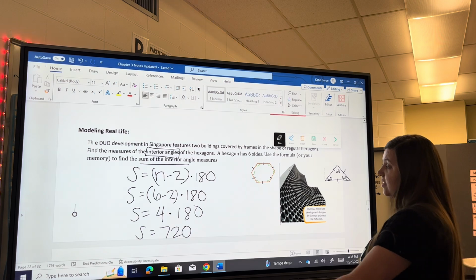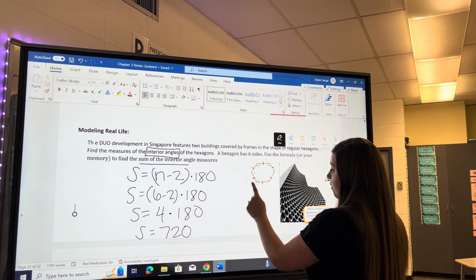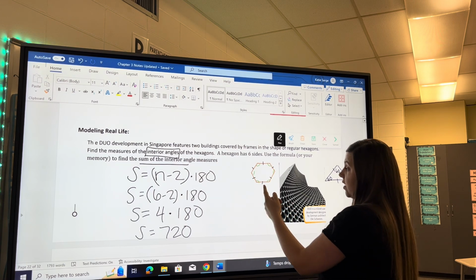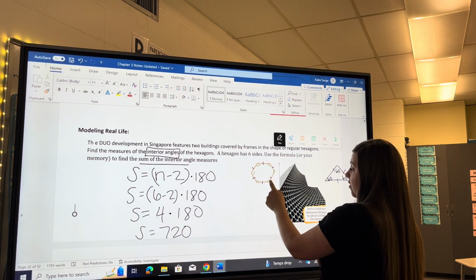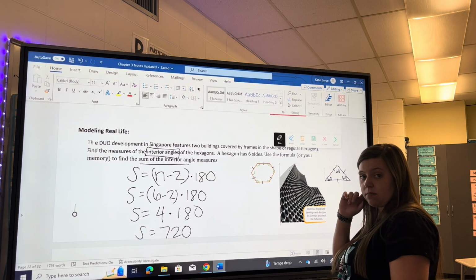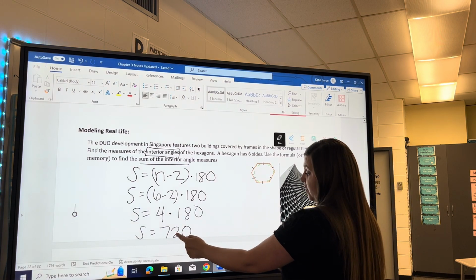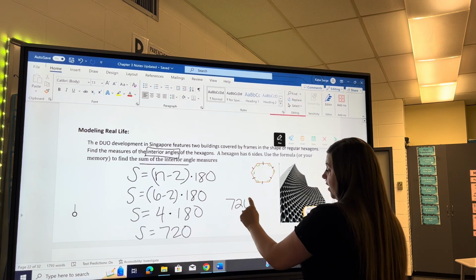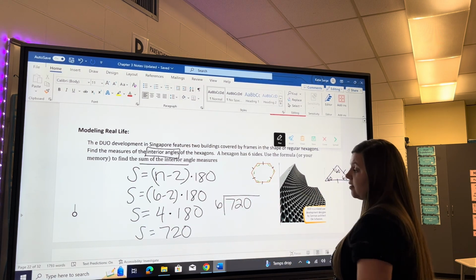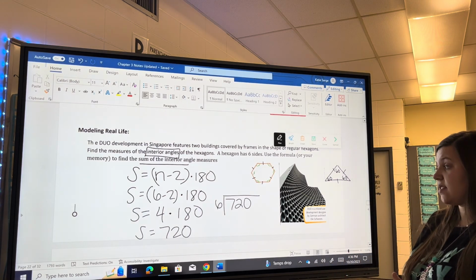I need to take this 720 and split it up evenly between each of those angles. So this has 1, 2, 3, 4, 5, 6 angles that all need to be exactly the same, which means I can take this 720 and divide it by 6 and figure out what each of those is.